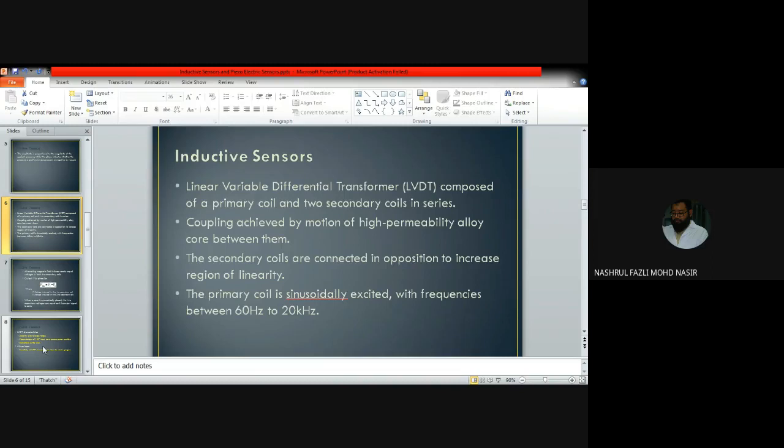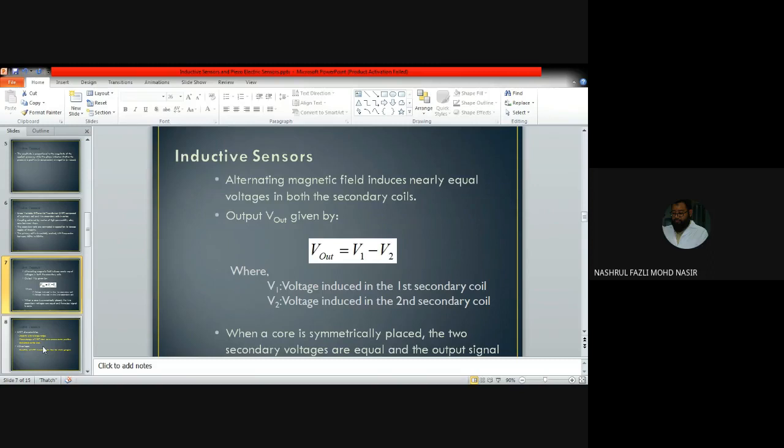The primary coil is sinusoidally excited, and the frequency used is between 60 hertz and 20 kilohertz, so there is a big range. The alternating magnetic field induces nearly equal voltages in both secondary coils. So how about the output voltage?